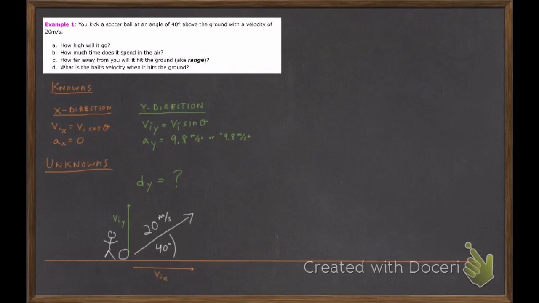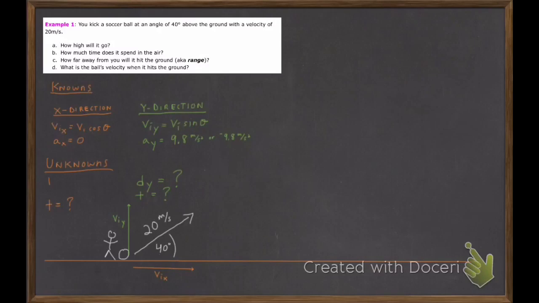What about question number 2? How much time does it spend in the air? Well, that could be an x or a y. So we will put time under the y, and we can also put time under the x. It works using both information. How far away will it hit the ground, aka range? Well, the range is the x displacement.